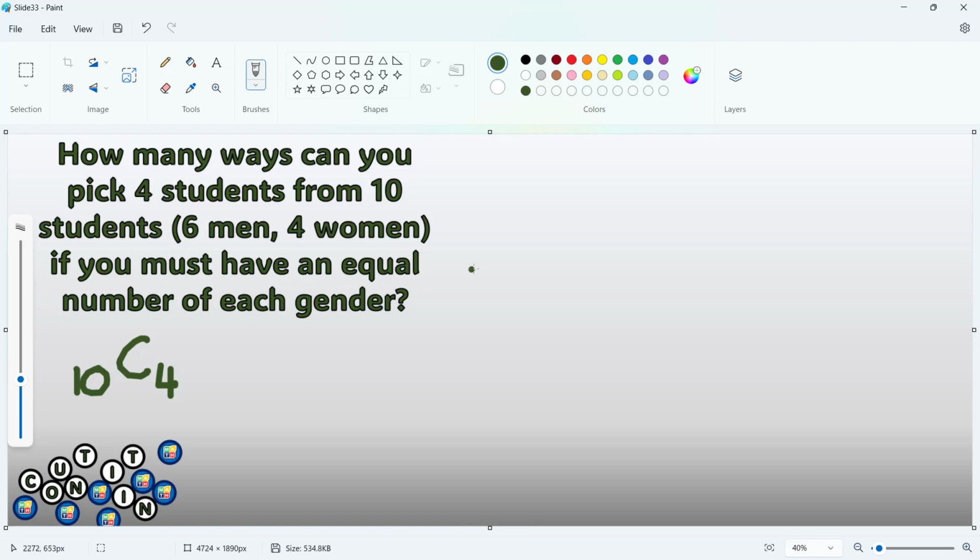What we need to do here is to take the product of each combination. So let's start with this. Of course, the formula is n factorial over n minus r factorial times r factorial.